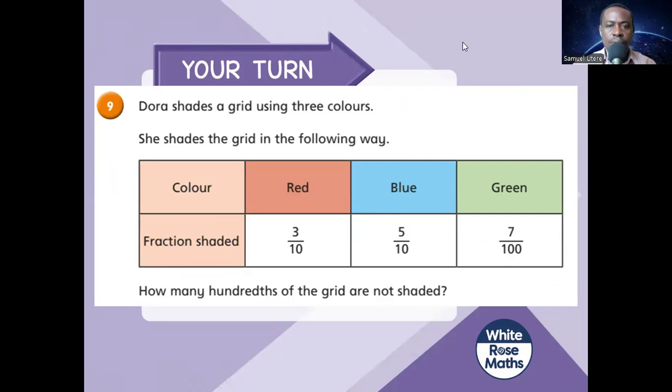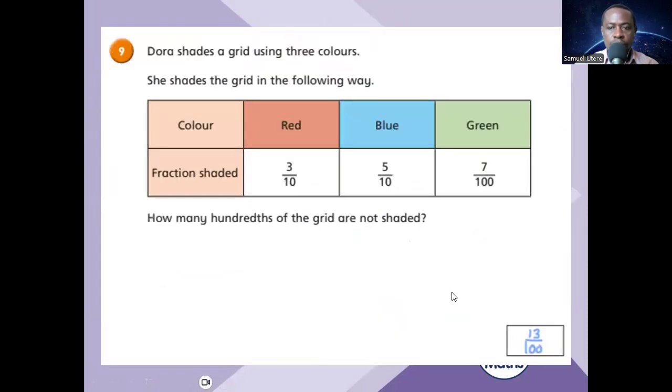Question 9. Pause the video and answer the questions in 2 minutes. Assuming you paused the video and answered the question, let's discuss it. Here you're being asked how many hundredths of the grid are not shaded.